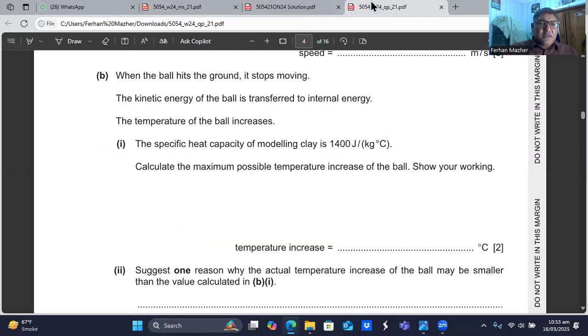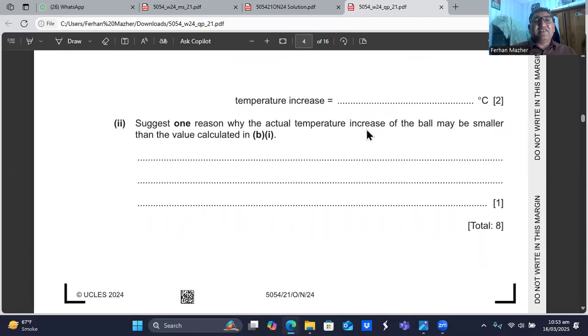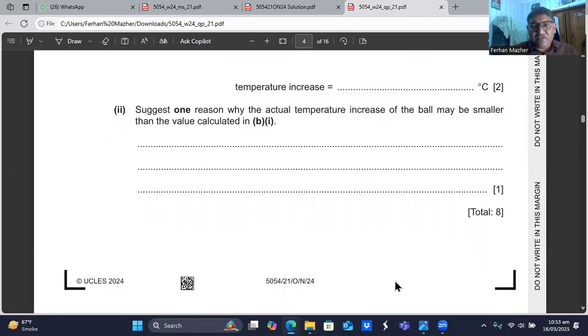Okay. So question number 2B, and it's the second portion, and it says, suggest one reason why the actual temperature increase of the ball may be smaller than the value calculated in the first part. You see, not all the energy is used to increase the internal energy of the ball. Some of the energy is also transferred to the ground.